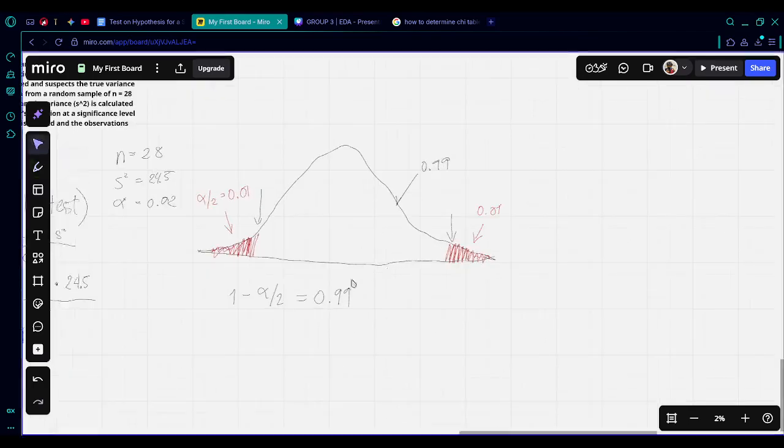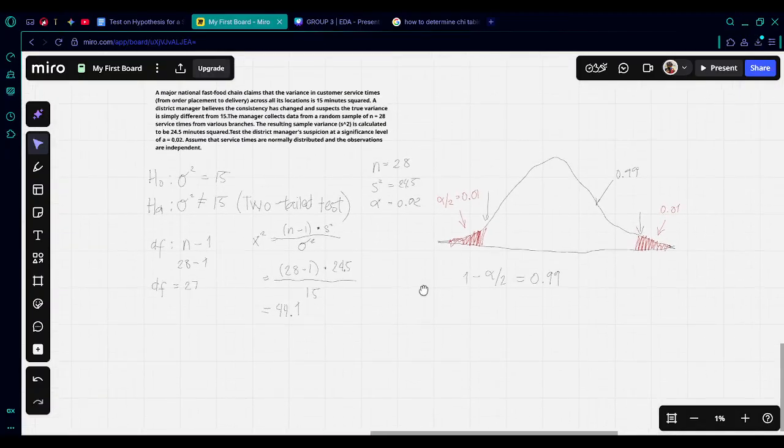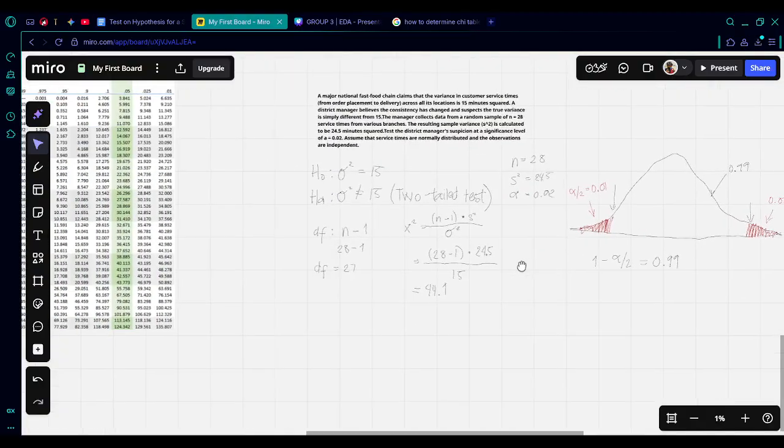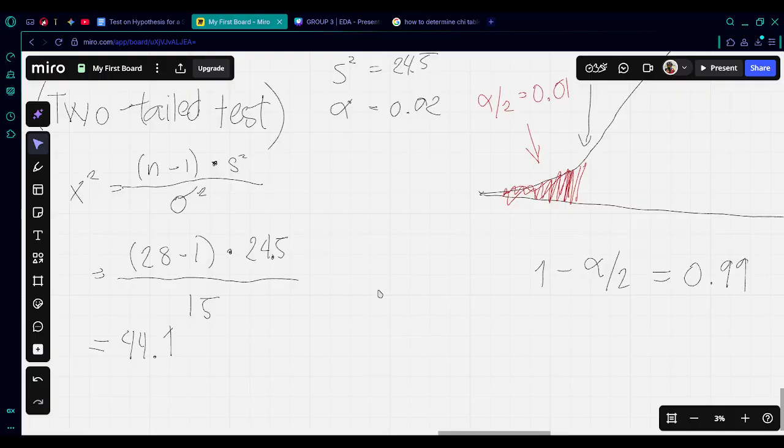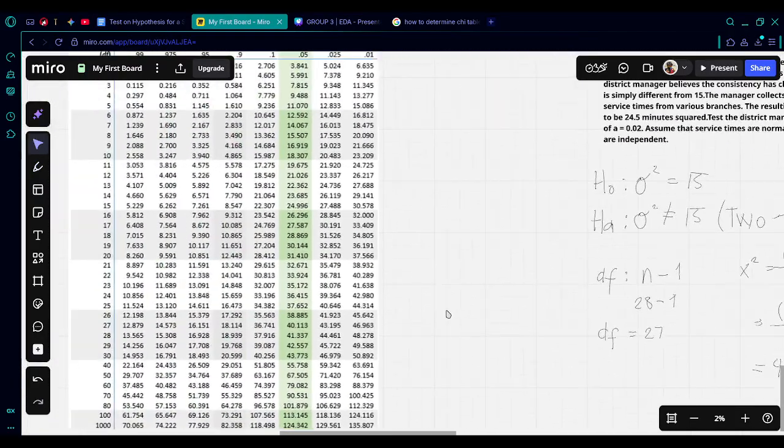So by using the degrees of freedom and the significance values and the alpha values, we can now use the chi table here.